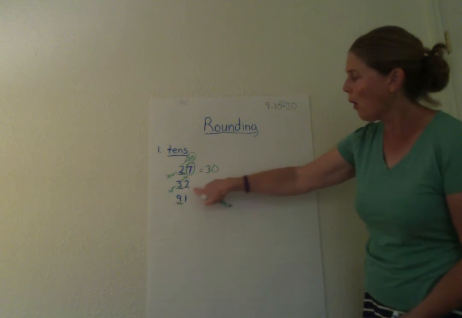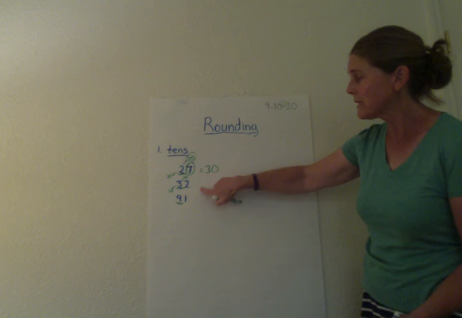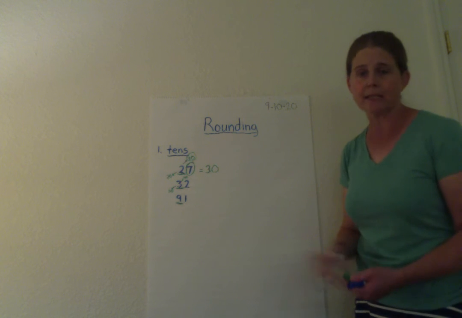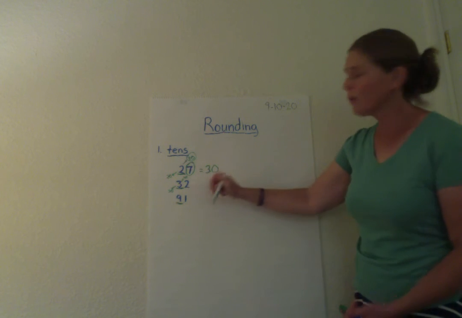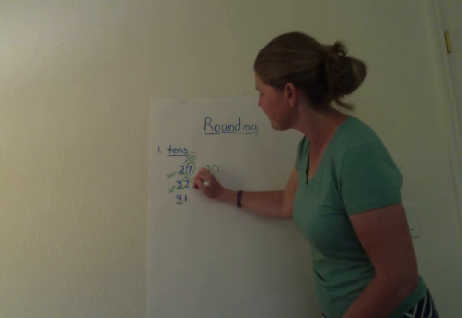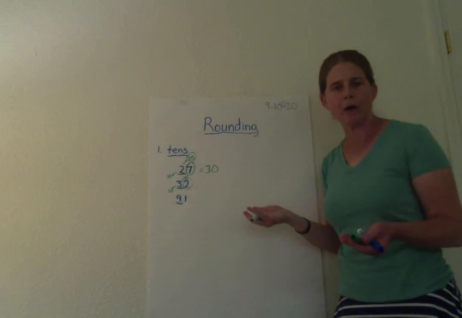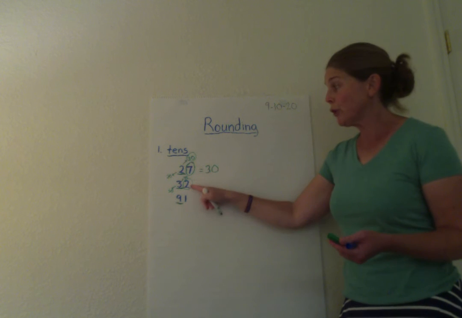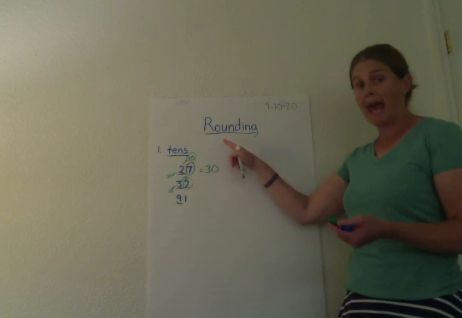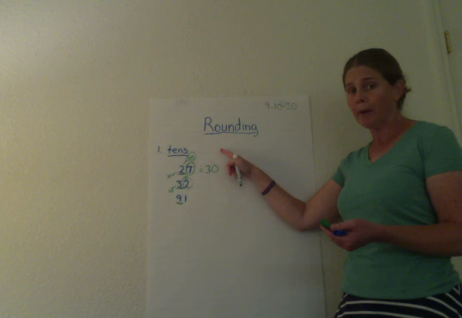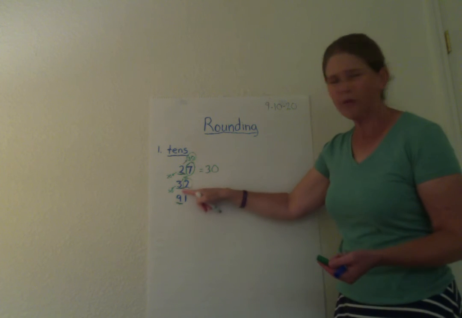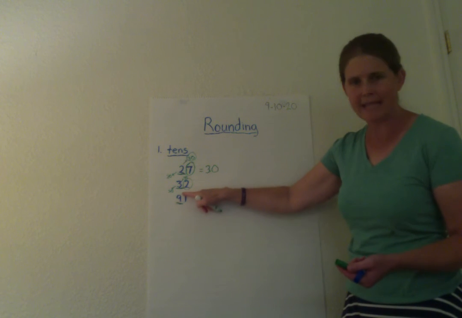Okay? How do I know what to round to? I look at all the numbers to the right of the tens place. It's a 2. So I'm going to circle that 2. Now I'm going to talk to myself, and I'm saying, is 2 closer to 10, so I go up? Or is 2 closer to 0, so I stay down?